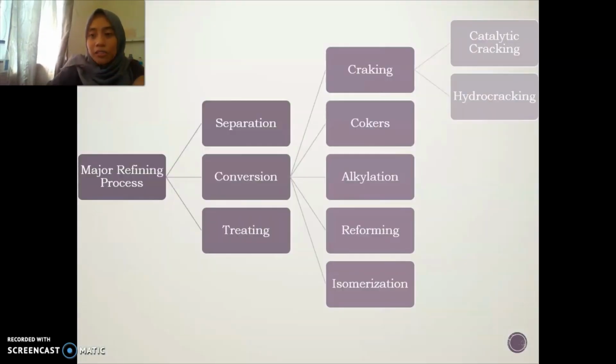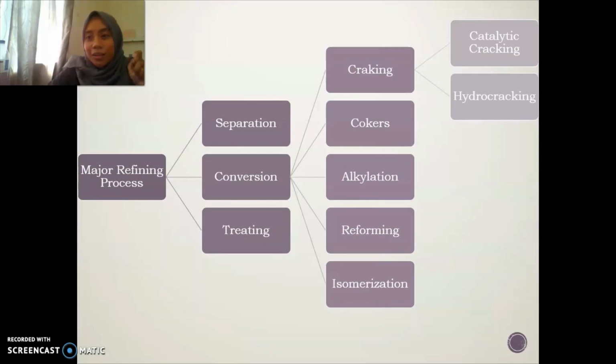In a major refining process, there are three steps, which are separation, combustion and treating. I want to focus on the combustion and highlight the cracking process, as the other processes will be covered by my friend. Okay, so cracking is a process used to upgrade heavy hydrocarbon and high boiling fraction crude oil to lighter hydrocarbon and low boiling fraction of crude oil.